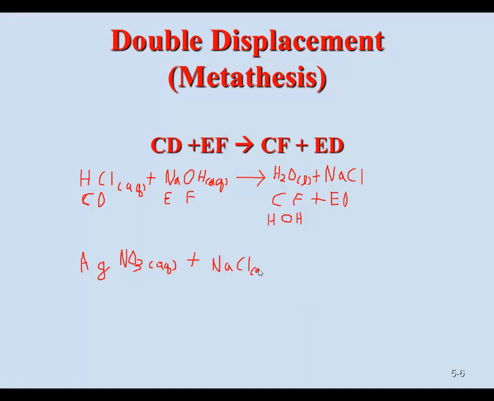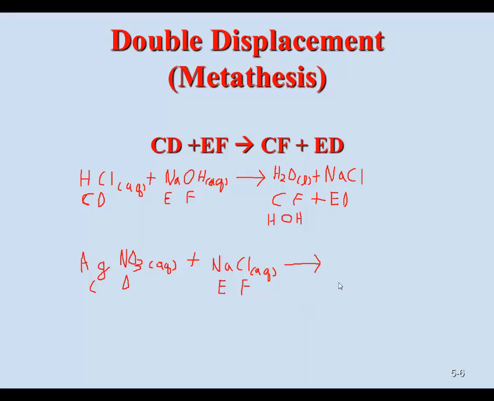And if I look at my solubility rules table as I'm beginning to memorize it, if I'm a first-time student, I can see that sodium salts are very soluble and nitrate salts are very soluble, so if we have a double displacement reaction, we can think about C being the silver cation and D being the nitrate ion, and E being the sodium ion here, and F being the chloride ion.